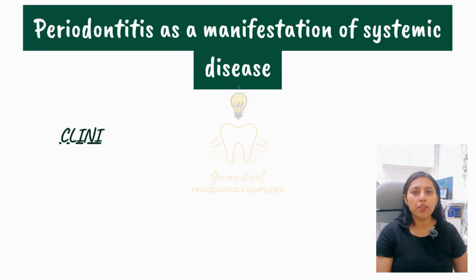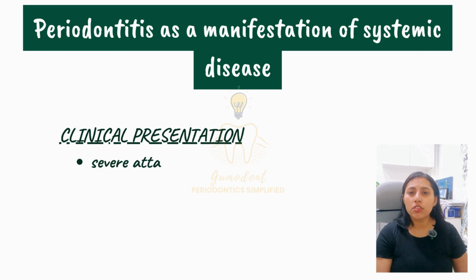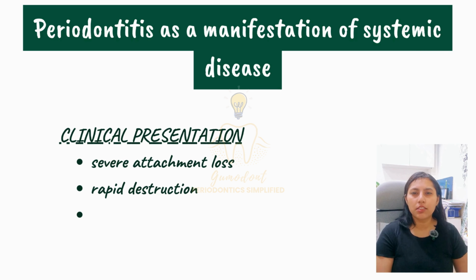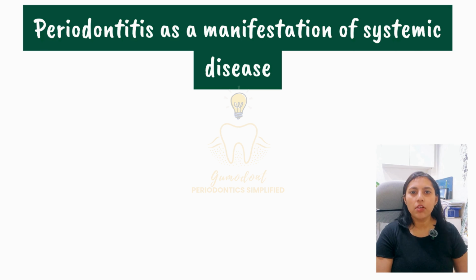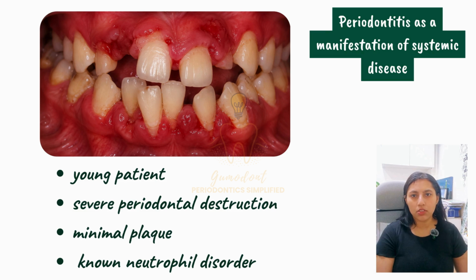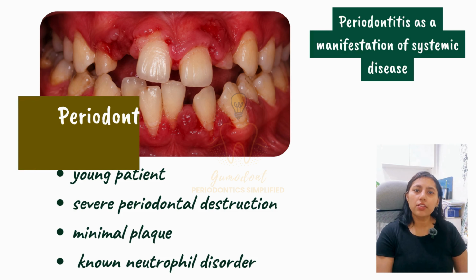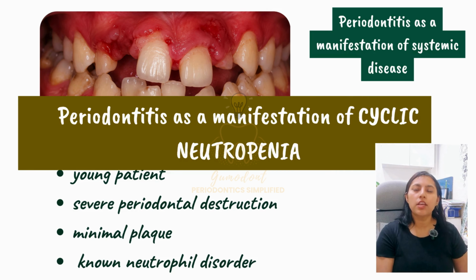Clinically, these patients may present with severe attachment loss, rapid destruction, and a disease severity disproportionate to the local deposits. For example, a young patient with severe periodontal destruction, minimal plaque, and a known neutrophil disorder should raise suspicion of periodontitis as a manifestation of systemic disease.